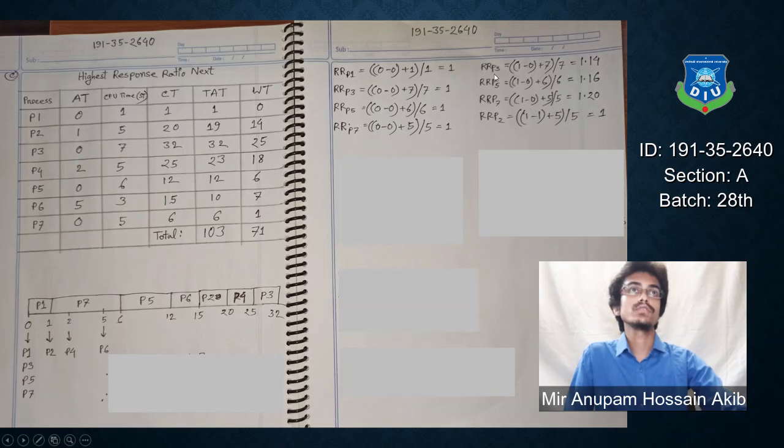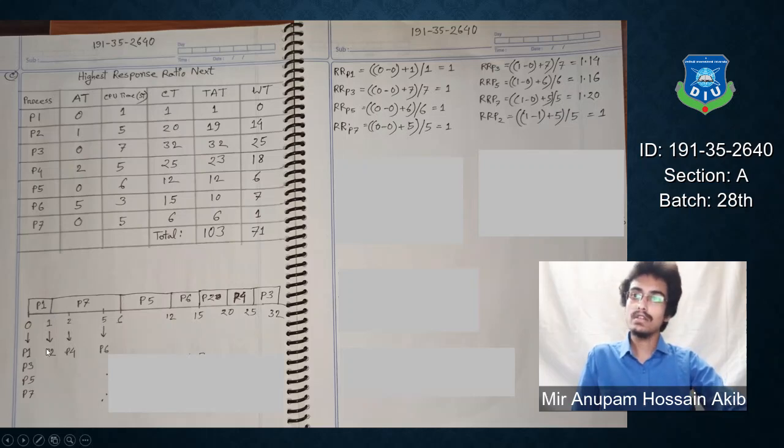If we find the response ratios, we see 1.20 is the maximum and it belongs to P7. So we execute P7 now. P7 is executed for 5 milliseconds, as the CPU time of P7 was 5 ms.